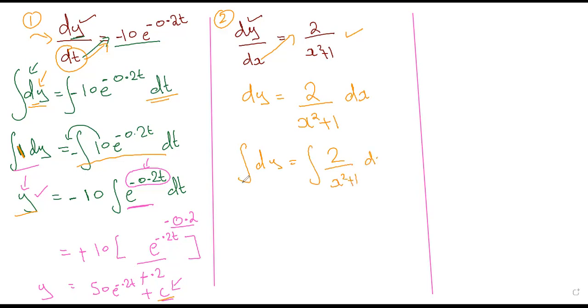Okay, this becomes y, and for this side we'll take 2 out, just so we have 1 over x square plus 1 dx. And Ranjani, how do we integrate this expression? You know that we have x square plus a square in the denominator, so we use the tan.